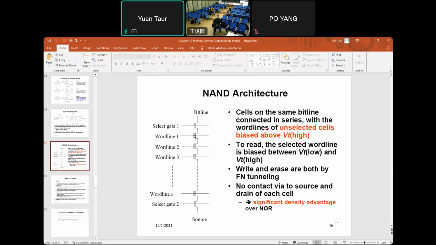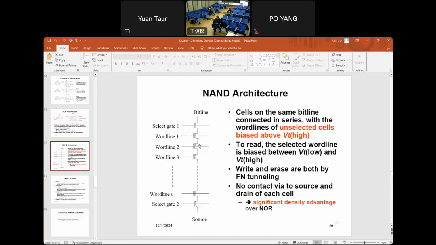Okay. Only the selected cell, let's say word line number 3, is in between, so that whether the whole array is on or off depends on whether the selected cell is above VT or below VT. All the rest of the gate voltages are above VT, so they are turned on.